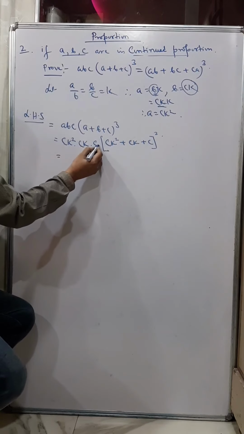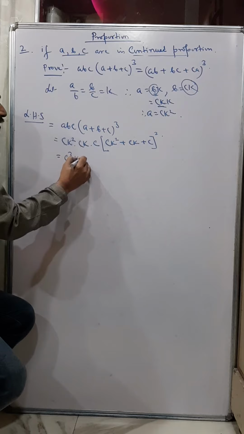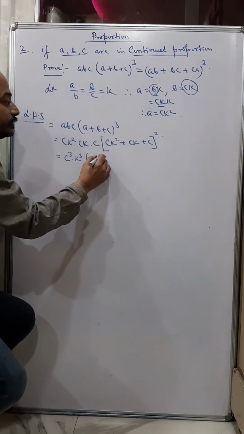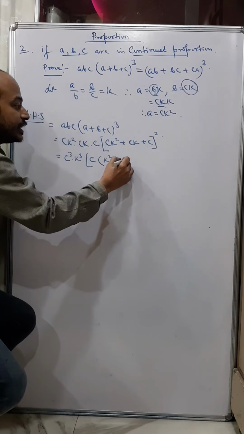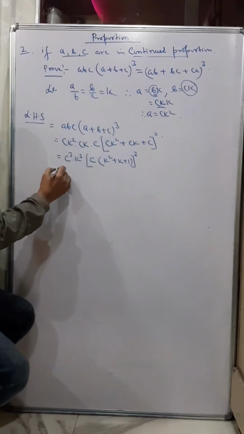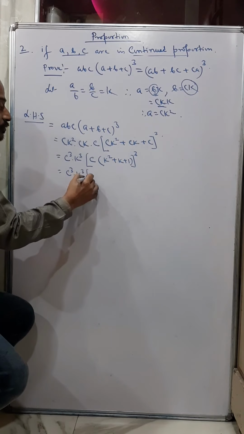I got here c cube, and k square into k, I get k cube. And here also I can take c common. I get k square plus k plus 1 and whole cube. Finally I got c cube k cube.